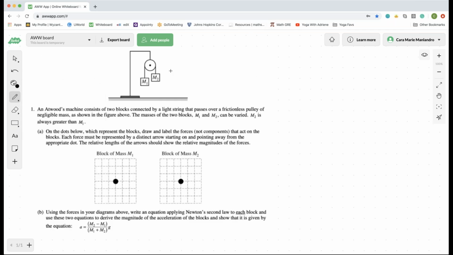All right, so an Atwood machine consists of 2 blocks connected by light strings passing over a frictionless pulley. That means that I don't have to worry about the moment of inertia of the pulley, which is great. As shown in the figure above, the masses of the 2 blocks, M1 and M2, are varied, and they tell us here that M2 is greater than M1.